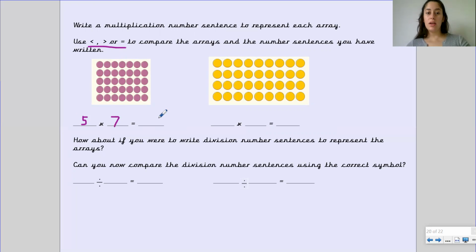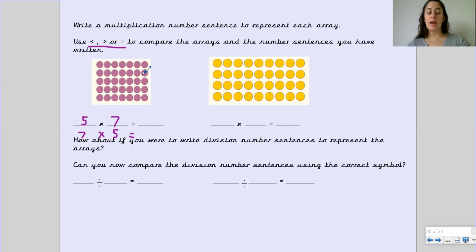You may have done another number sentence by looking at the number of columns and the number of items in each column. So we've got 1, 2, 3, 4, 5, 6, 7. So you may have written 7 first times, well, how many do we have in each column? 1, 2, 3, 4, 5. You may have written 7 times 5 or 5 times 7. They are both correct.